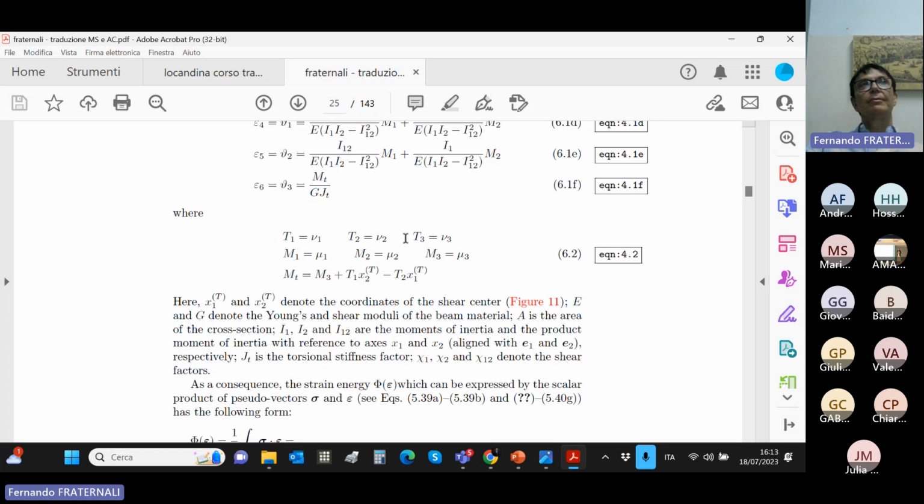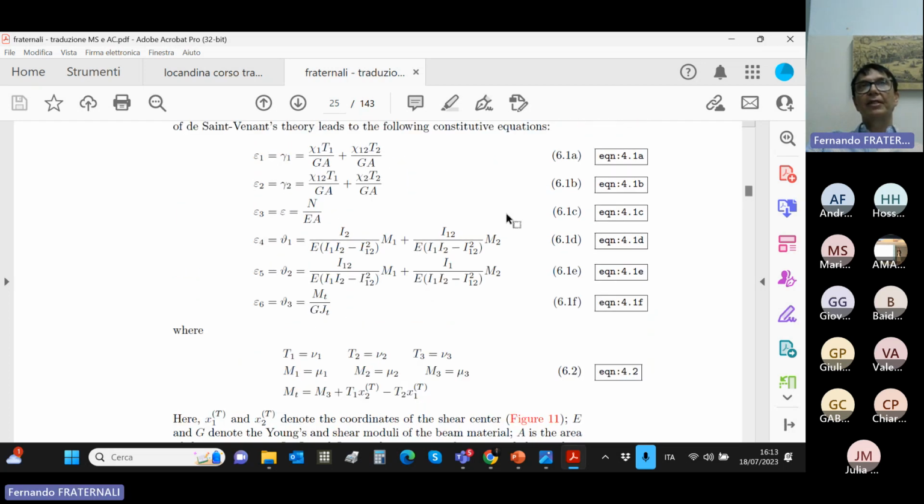By extrapolating the constitutive equations of the straight beam to the curved beam, we can assume these relations.